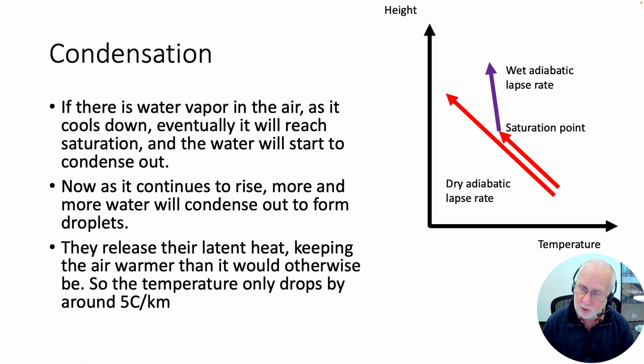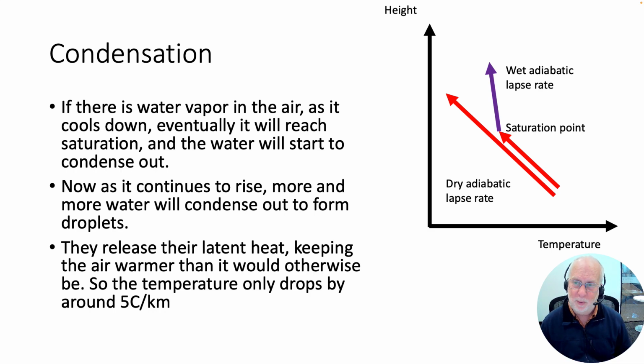Now at that point, if it continues to rise, things happen a bit differently. It's continuing to rise, so it's continuing to get colder, but now more and more water vapour is condensing out. And water has a large amount of latent heat, 2 million joules per kilogram, and as it turns into liquid, that heats the air up.